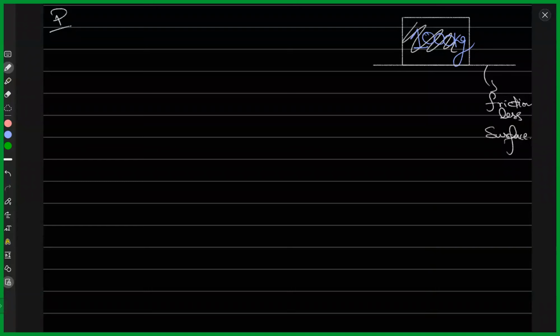Okay, so suppose I attach a string to this side like this, and I apply a force and pull this string to the right, right? Suppose the string is very small and tiny, so it has no mass or anything. And suppose I pull the block to the right, and the block moves to the right with some speed, right?